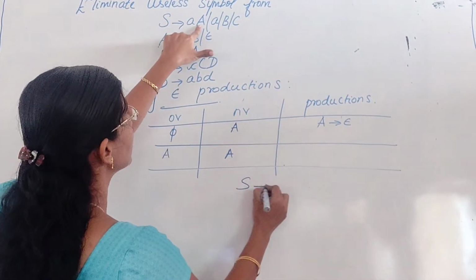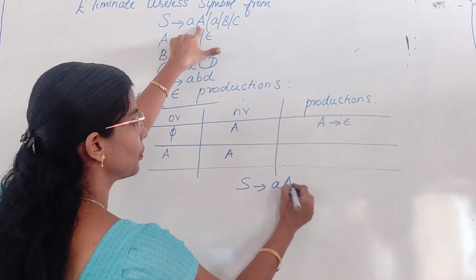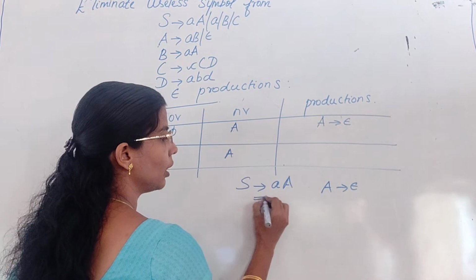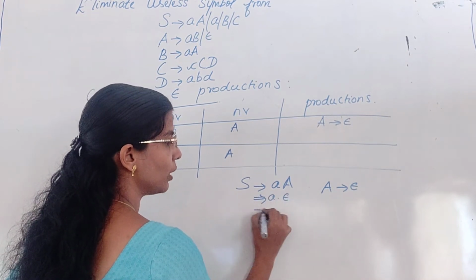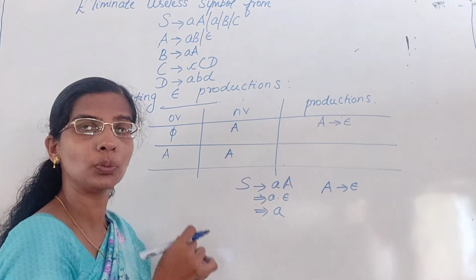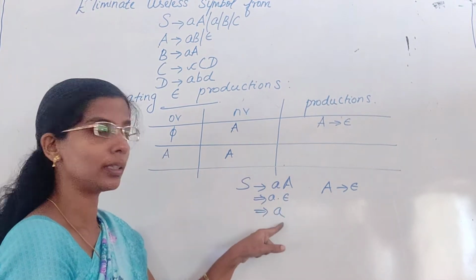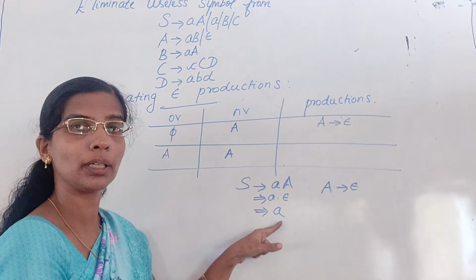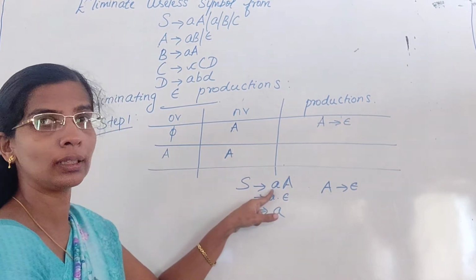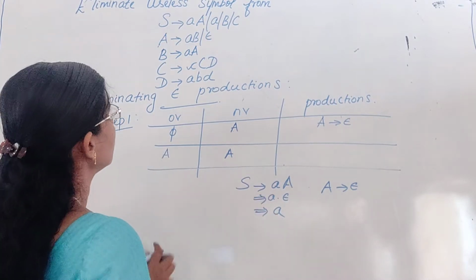Take this production, S tends to A. When I substitute A tends to epsilon, what will I get? It's nothing but A. But what should I get? I should get only epsilon in the RHS. But what am I getting? I am getting only A. So I cannot take this production.